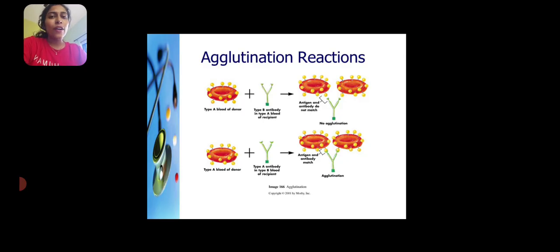So a donor who has blood group A donates to blood group B, what should happen? The agglutination reaction should occur. So what is the agglutination reaction?